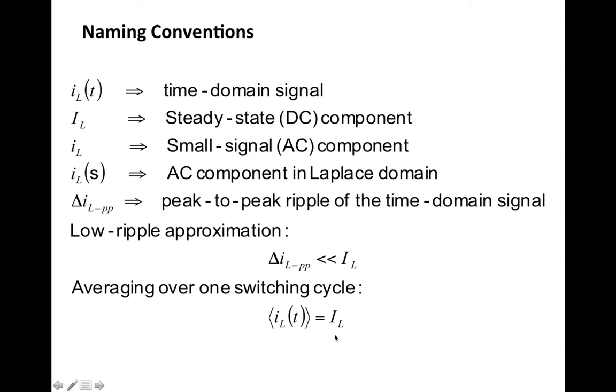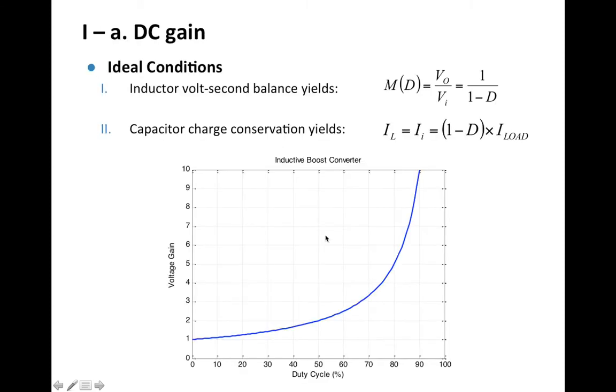So now with that, let's move to the first part of the problem. We want to calculate the DC gain of the boost converter as a function of duty cycle. If we use inductor volt-second balance, under ideal condition, we know that this gain is 1 over 1 minus D. We calculated that in our previous session.